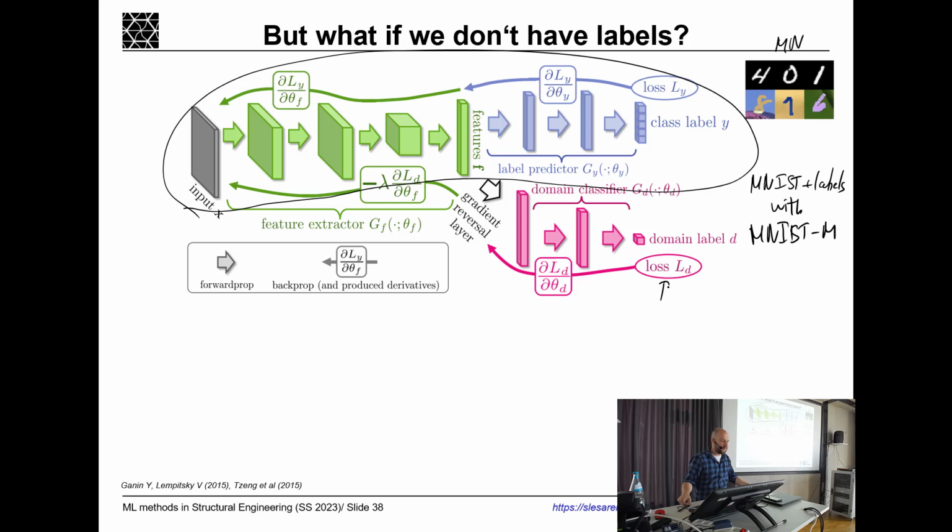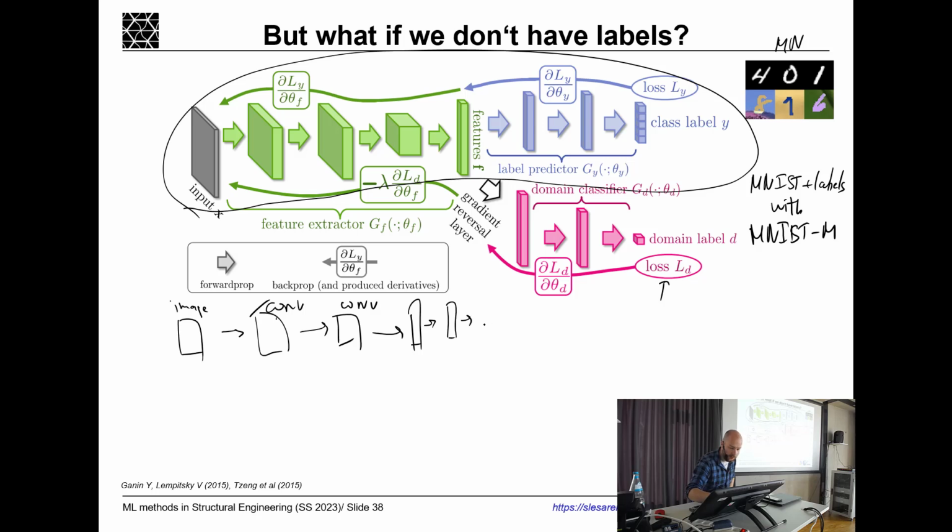If I simplify that, and just draw the bottom part without this fancy gradient reversal layer, what will happen? I will take the image, go through some convolutions, then go to the flat layers, and at the end I have only one output: 0 if MNIST, and 1 if MNIST-M.